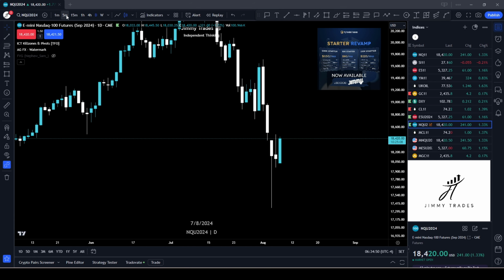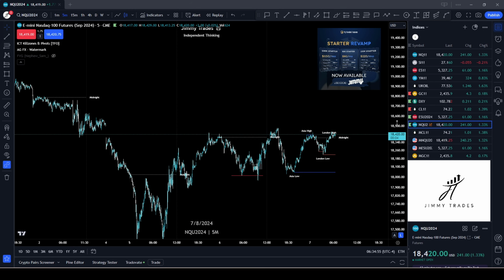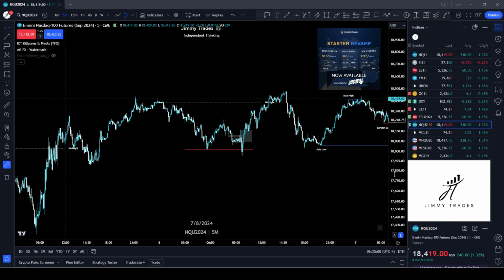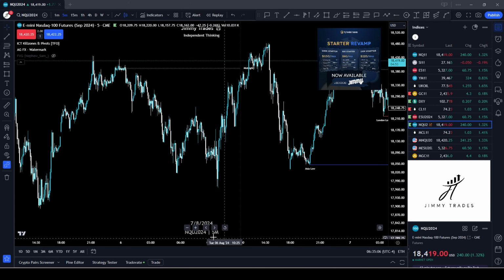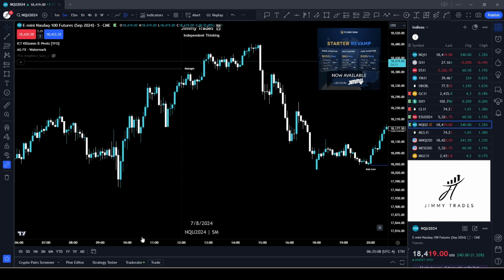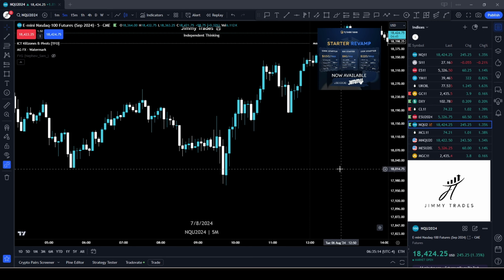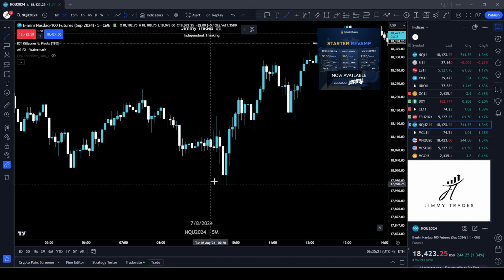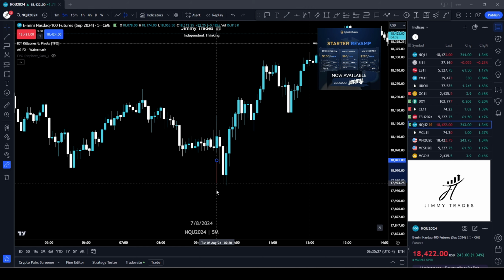If we have a look down at the 5-minute, you'll see that on the 5-minute time frame yesterday morning, here is New York Open.